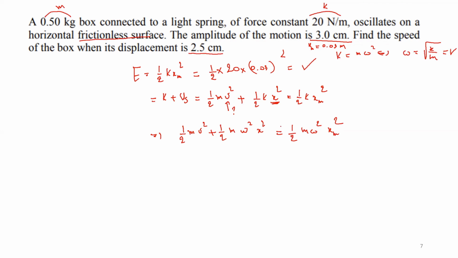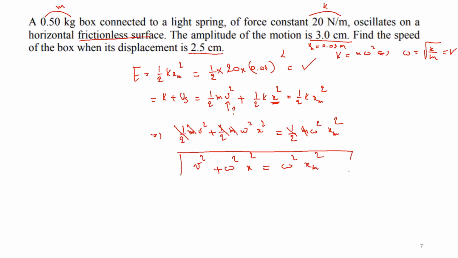I already demonstrated and derived this in class, but I'm showing you again and again. So the 1/2 goes away, the mass goes away, and I end up with v square plus omega square x square is equal to omega square x max square.